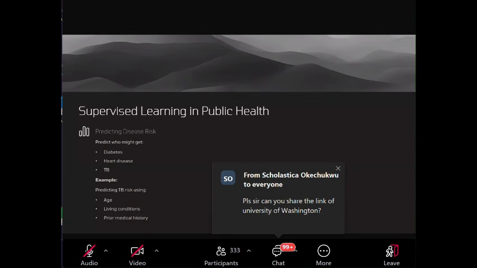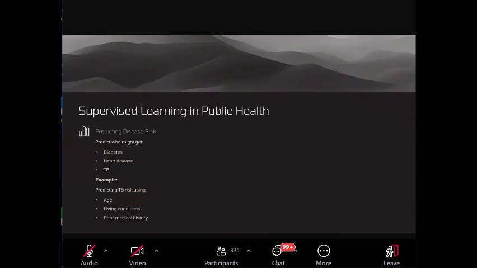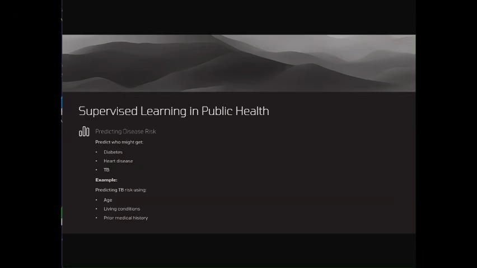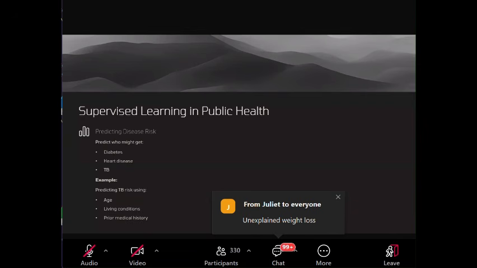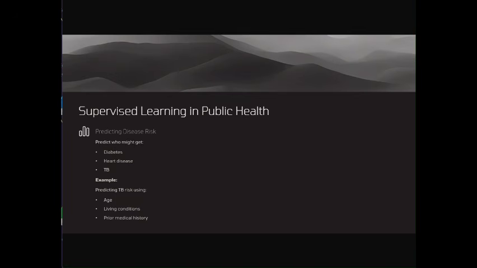Have you been coughing for more than so many weeks? Do you have a family member that has been diagnosed with TB? These are structured data. By the time you gather all this information, you can guide the algorithm to predict what you want it to predict, because you know what you are looking for and you have an idea of the type of data you have collected.